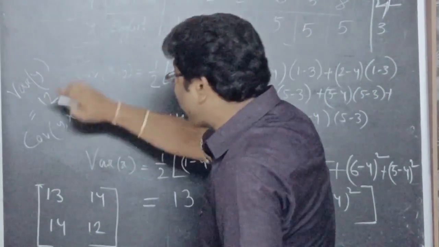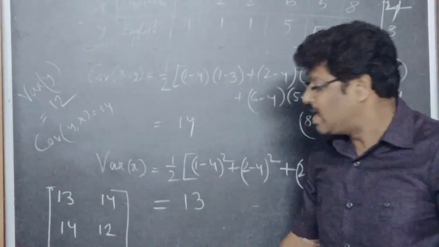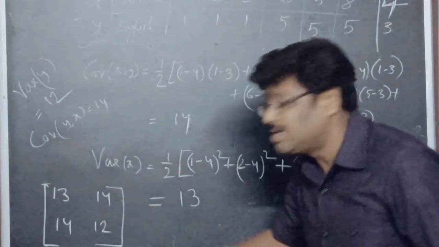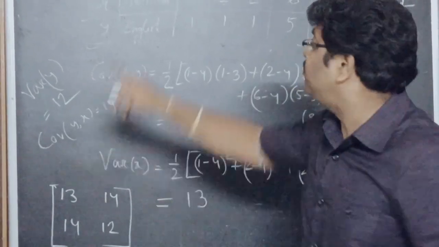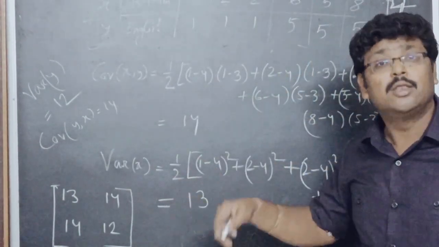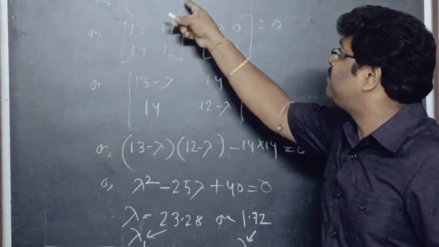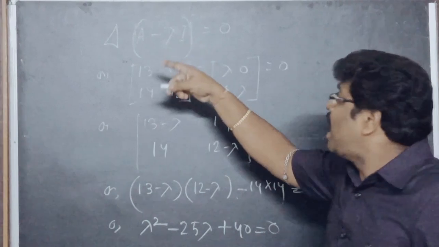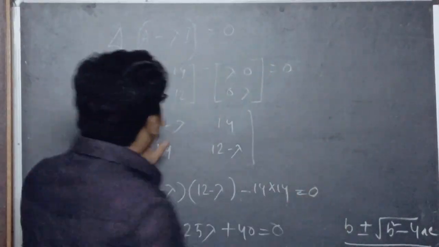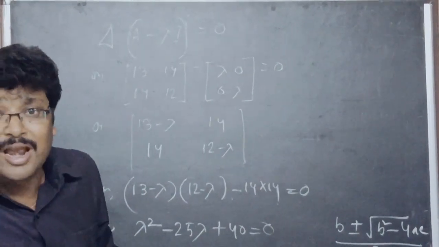So we have the 4 elements of the matrix, and by putting in the values, we get the covariance matrix of this problem. Now we have to find the determinant of A minus lambda I, and it should be equal to 0, as I mentioned in the theoretical analysis.